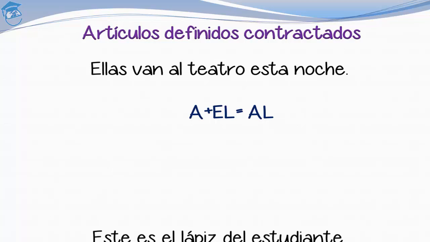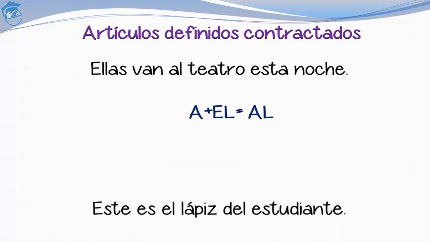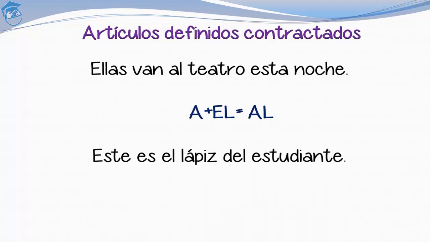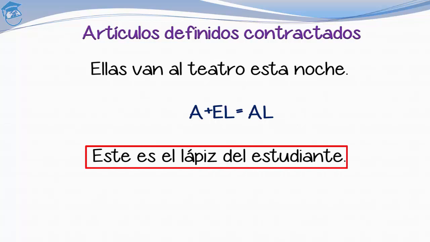You also have another combination of these definite articles contracted. Remember that the definite articles define, as the name says, they define something. They talk about something particular. Este es el lápiz del estudiante. This is the student's pencil. As you can see here, you have another combination.